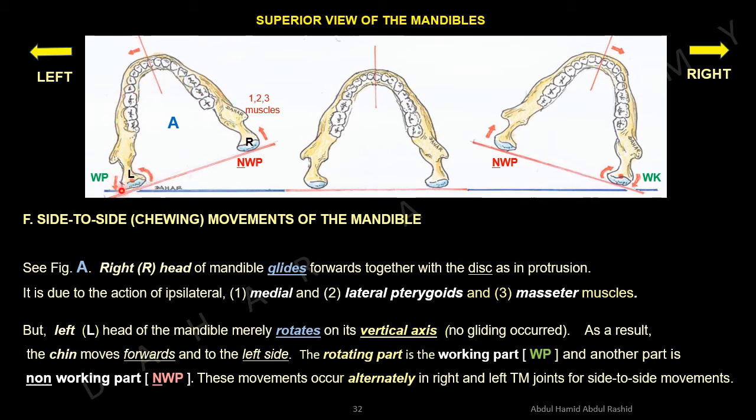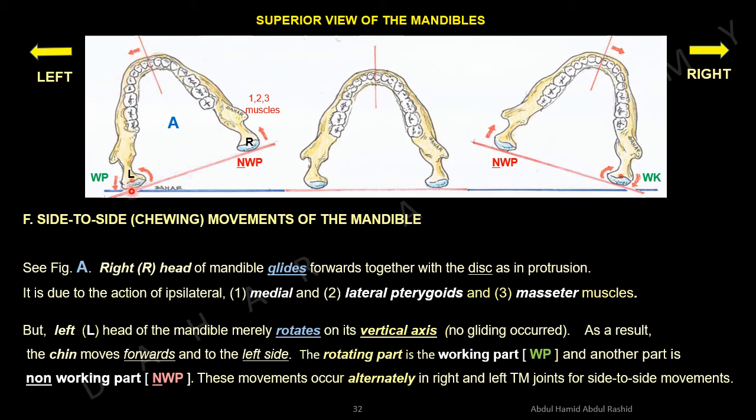on the left side, that is the left head of the mandible, merely rotates on its vertical axis. There is no gliding movement. As a result, the chin moves forwards and towards the left side.